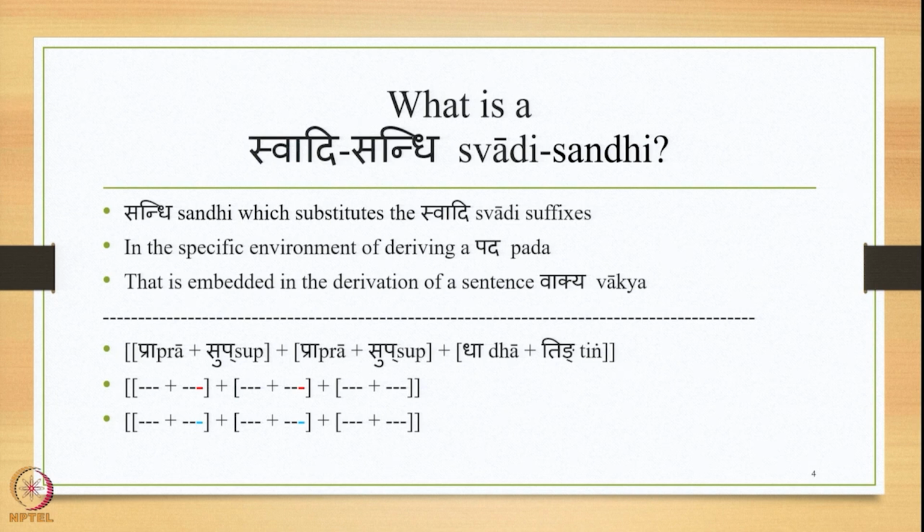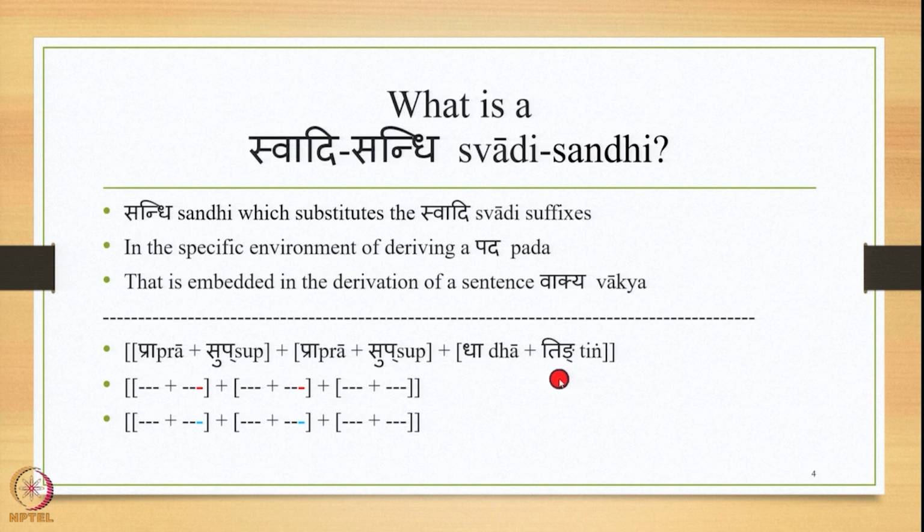So, we have here the sentence template. We have studied this before, but let us review this. This particular sentence consists of 3 padas. This is 1st pra plus sup, this is 2nd pra plus sup, and this is 3rd dha plus ting. According to the definition of the sentence, namely ekatin vakyam, there has to be one ting for this unit to be called a sentence, and that is why this ting is there.